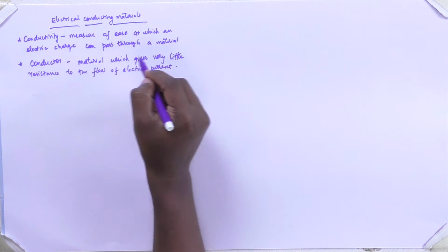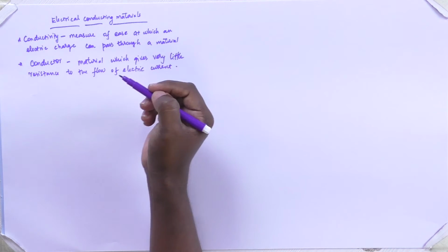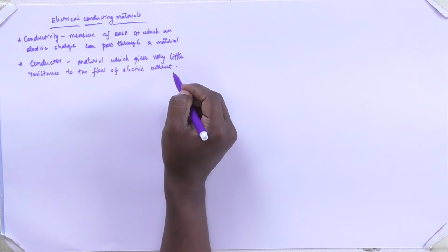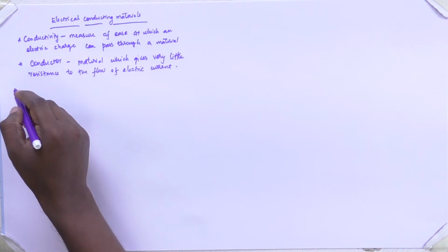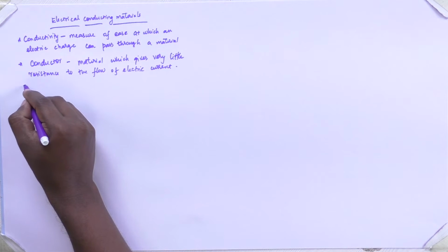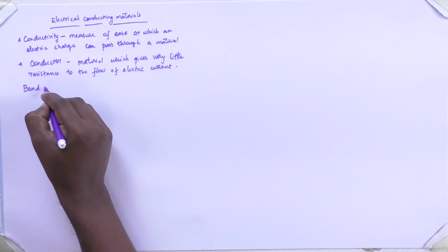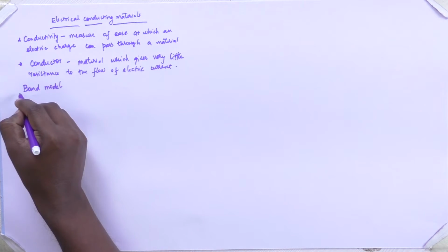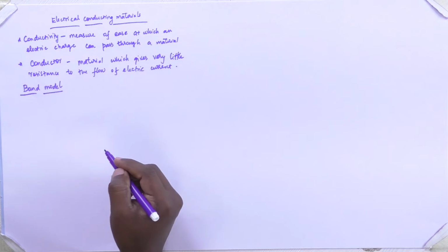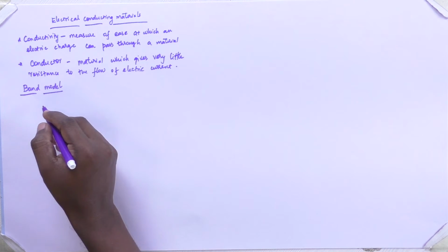So conductor is a material which gives very little resistance to the flow of electric current. Next we will discuss what band model is. You might have studied this in your physics, but let's see this in brief.